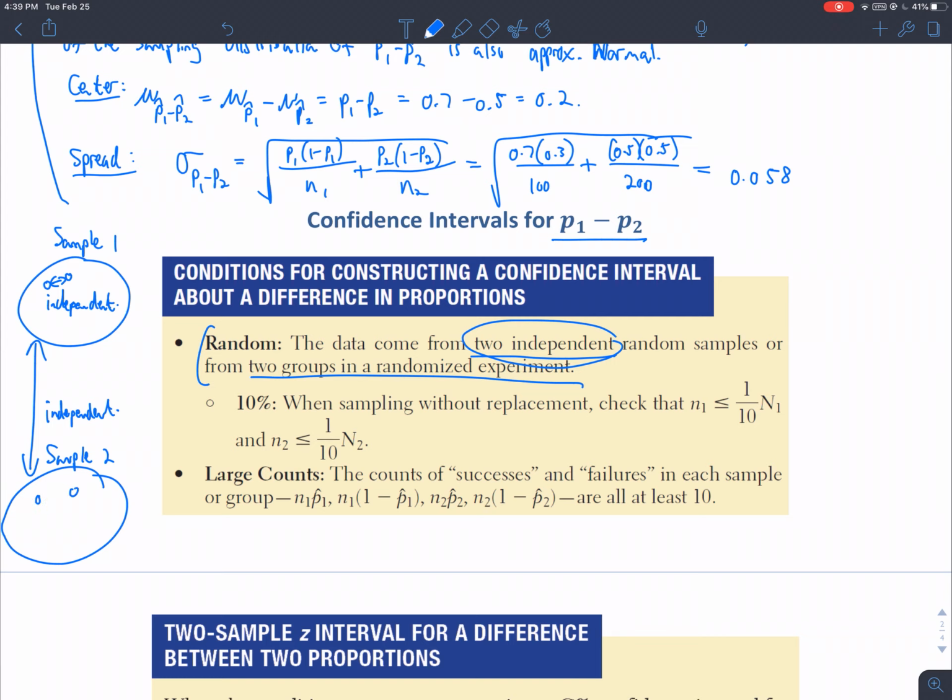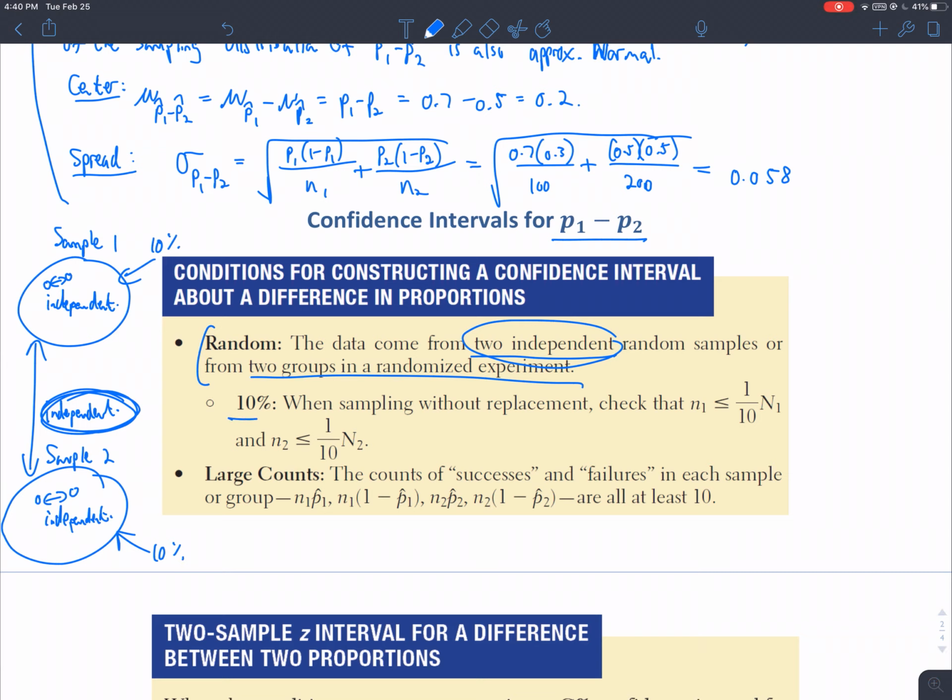You want to have independence within the samples here. You want to have this kind of a claim, which we will check with the 10% condition. But this is not so simple. You have to make some kind of a claim that it's reasonable to assume that the samples are independent of each other. So we'll talk about that.